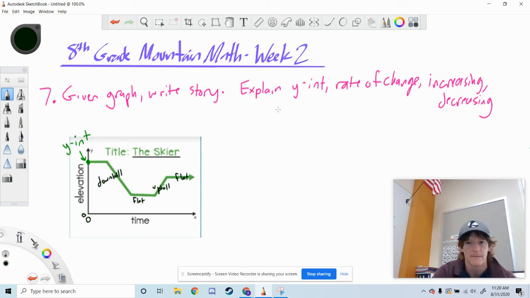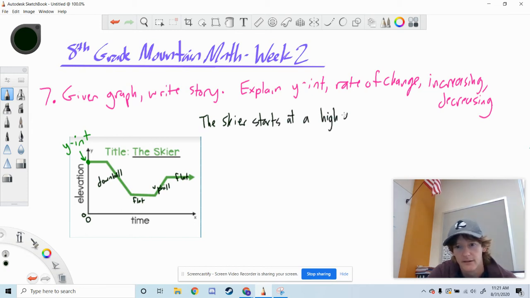So let's see. Explain y-intercept, rate of change, increasing, decreasing. So let's tell a little story. The skier starts at a high elevation. Then skis down a hill.